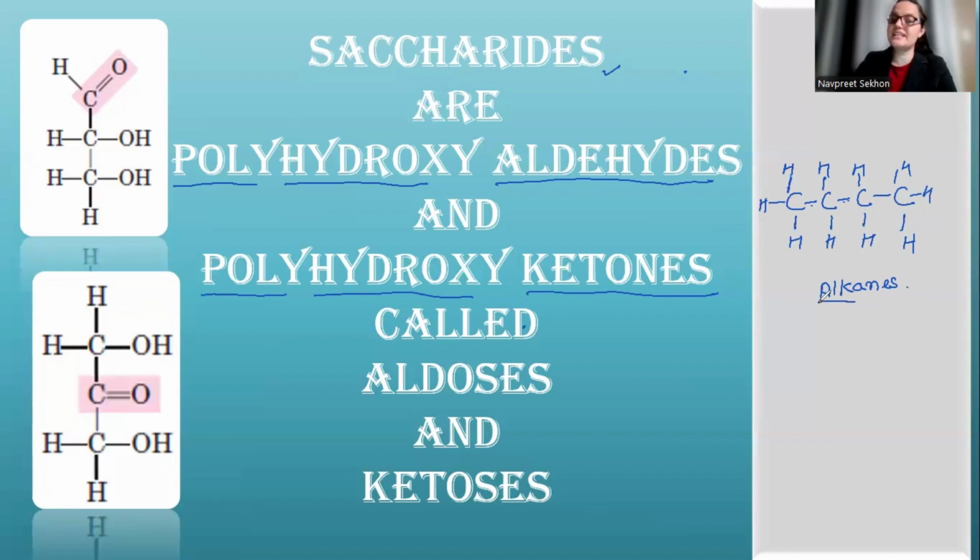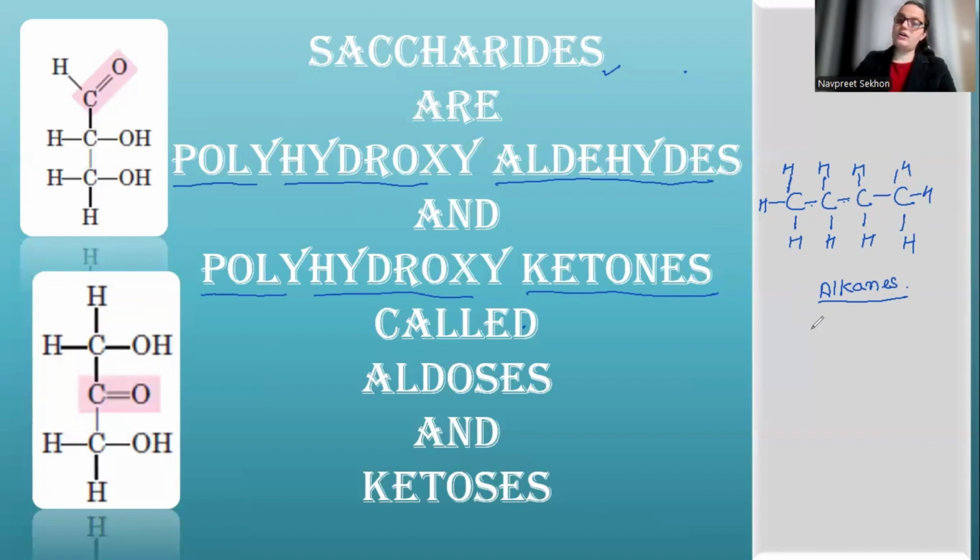These are basically the alkanes. And what is the property of that? That there is a chain of carbons, and that chain is made by just single bonds, and all the valencies of all the carbons are satisfied just by the hydrogens. Then it will become an alkane.